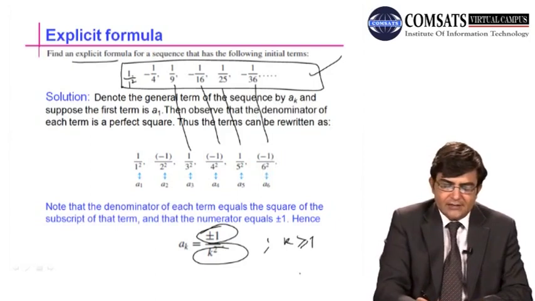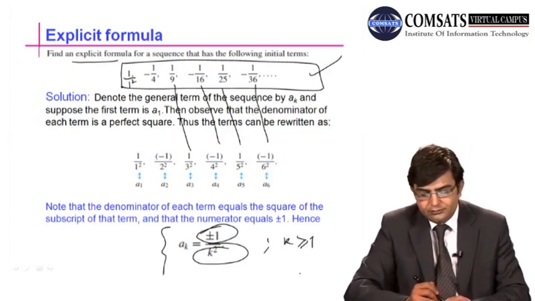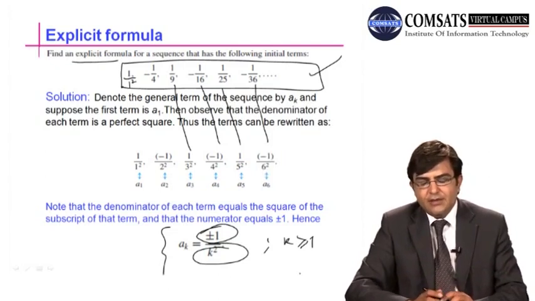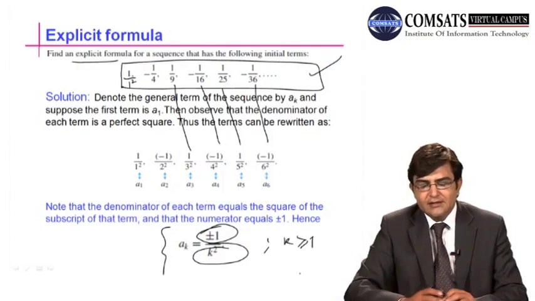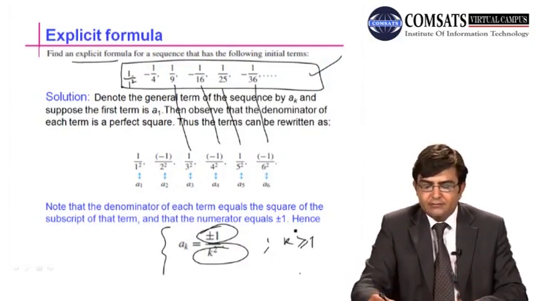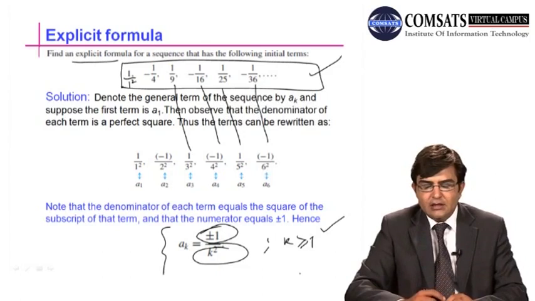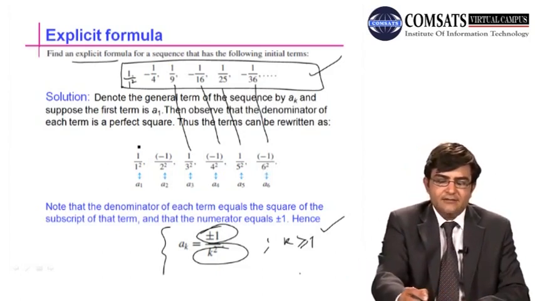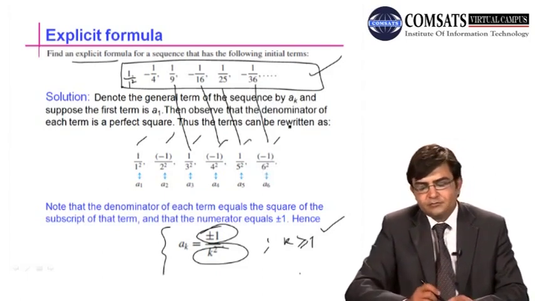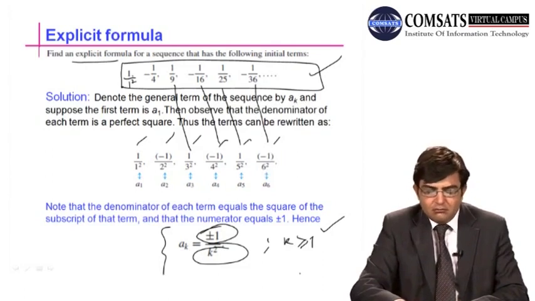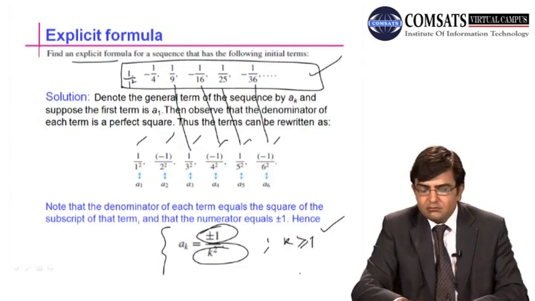Now the explicit formula, or the general formula, must be general, meaning if we put the values of the domain in this formula, we must obtain the successive terms of the sequence. Here if we put 1, we get plus or minus 1 divided by 1.